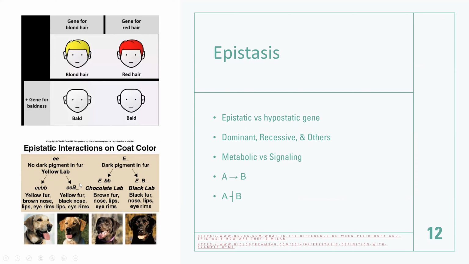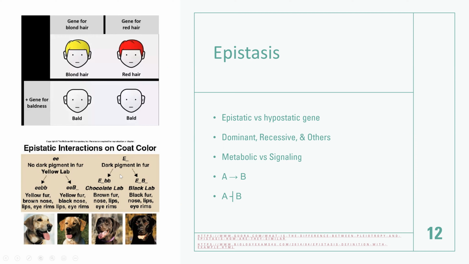So in the bottom left picture for Labradors, there are two genes that are linked, and this is the dark pigment gene and the color of the dark pigment gene. So the first one is if there's any dark pigment at all in the Labrador, and the second one is what color is the dark pigment in the Labrador.